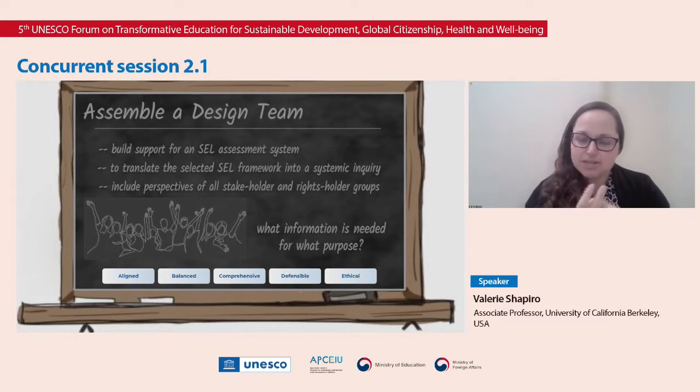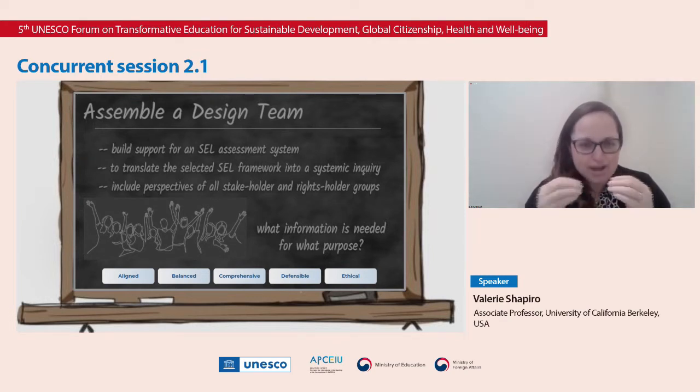And so the design team has really two purposes. One is to build support for an SEL assessment system, because as we've discussed, there is such a need for social emotional learning worldwide, and this is becoming embraced to a level that we might not have imagined several years ago.